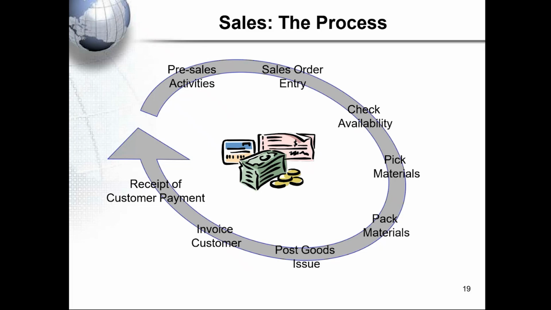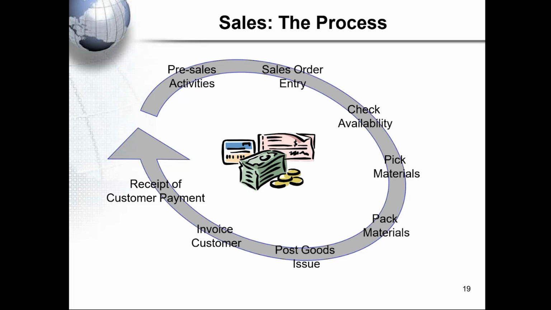Picking and packing: the system manages picking the goods and packaging them in cartons. This is part of warehouse management. Then shipping, which means loading the goods onto the transport.